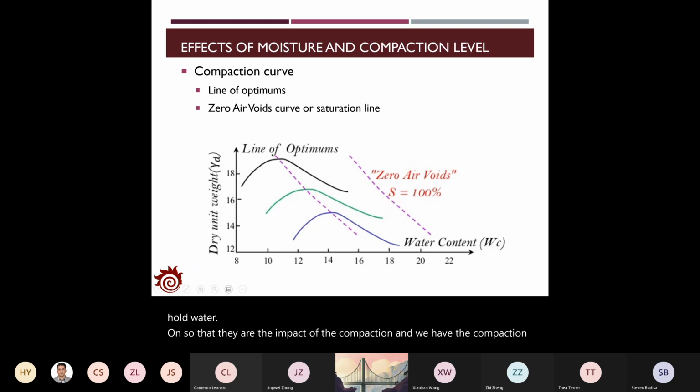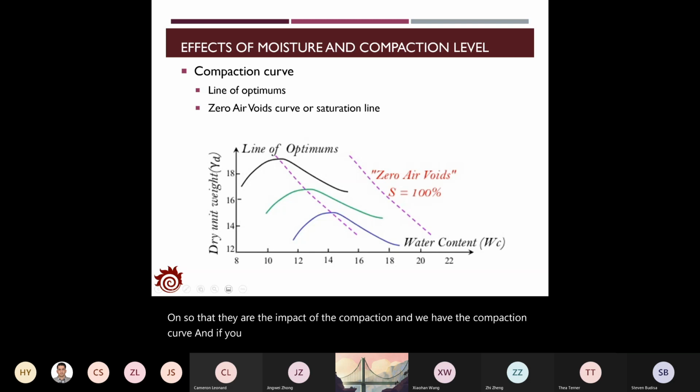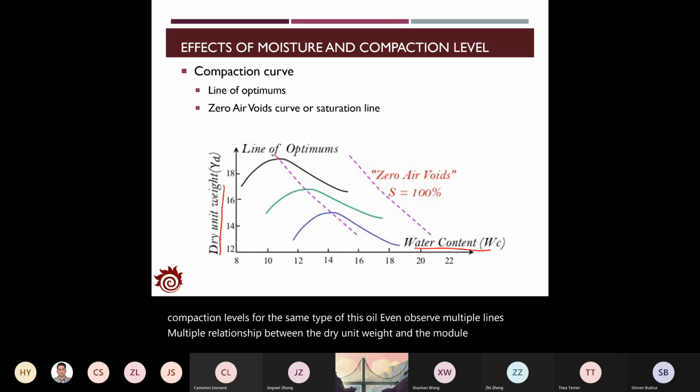And if we apply different compaction levels for the same type of soil, we will observe multiple lines, multiple relationships between the dry unit weight and the moisture contents. By connecting the points at the optimal moisture contents, you can draw a curve, and this curve is called the line of the optimals.